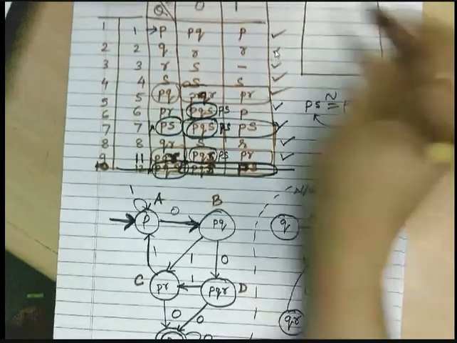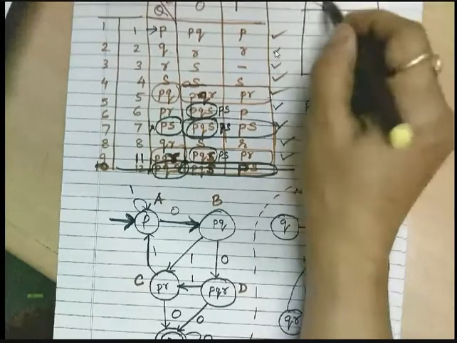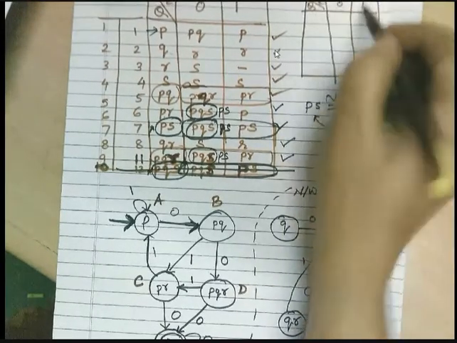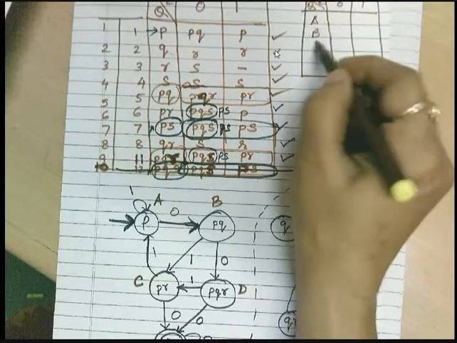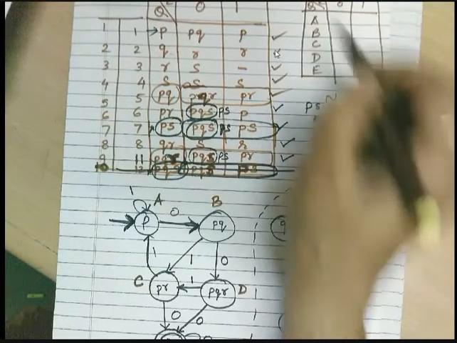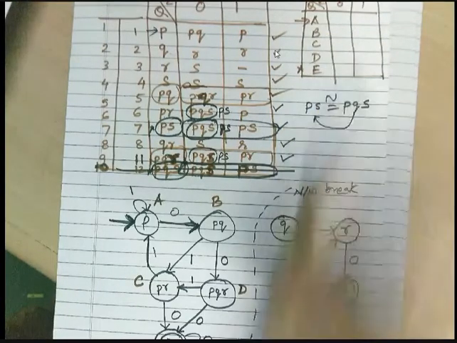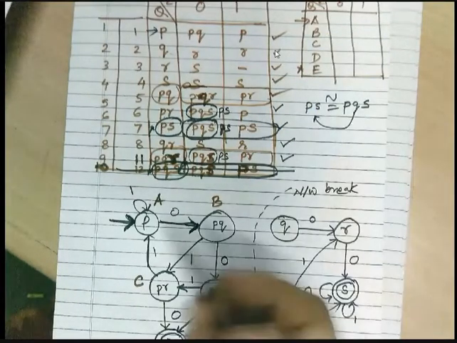Okay, so let us have the alphabet 0, 1. So A, B, C, D, E, where A is the initial state, E is the final state, right? And now make the entries.